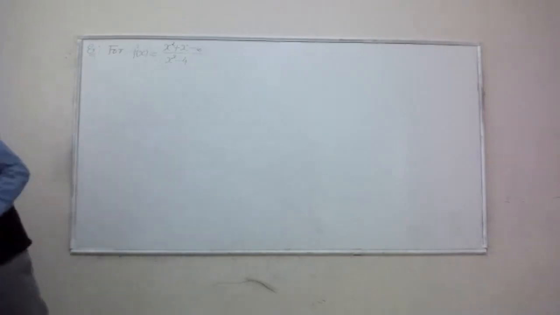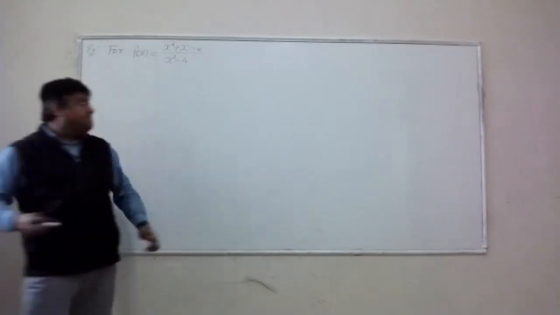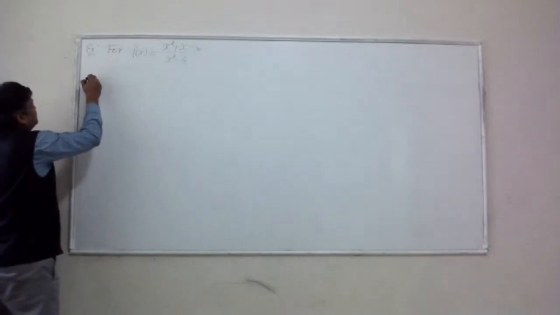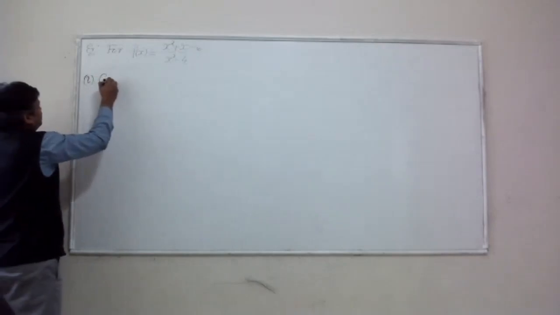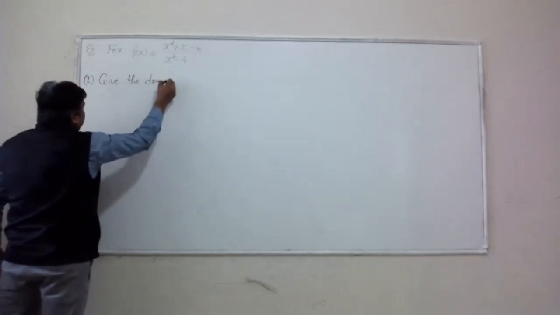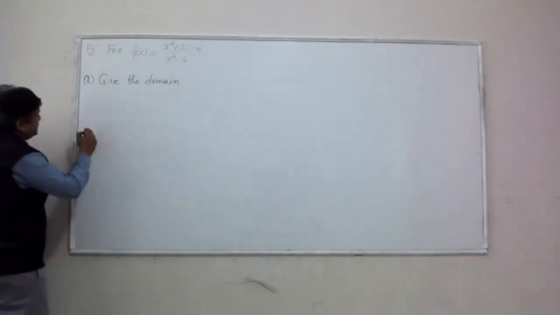Suppose I give you this rational function. All right. We would like to ask a series of questions about this function. Question number 1, give the domain of the function. Compute the domain of this function.